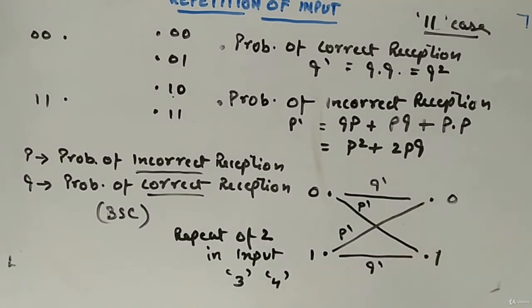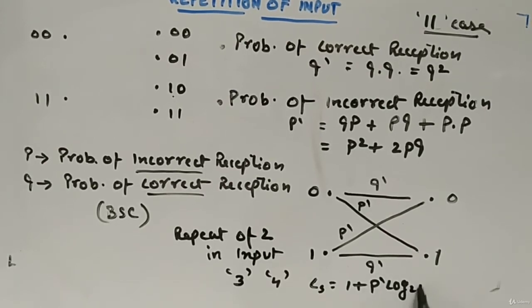What is the trade-off we have to pay? What will the capacity of this channel be? You can see straight away that the capacity of this channel is 1 plus P dash log base 2 P dash plus Q dash log base 2 Q dash.